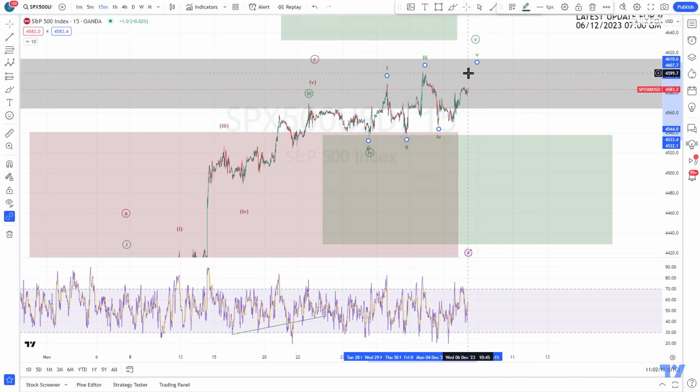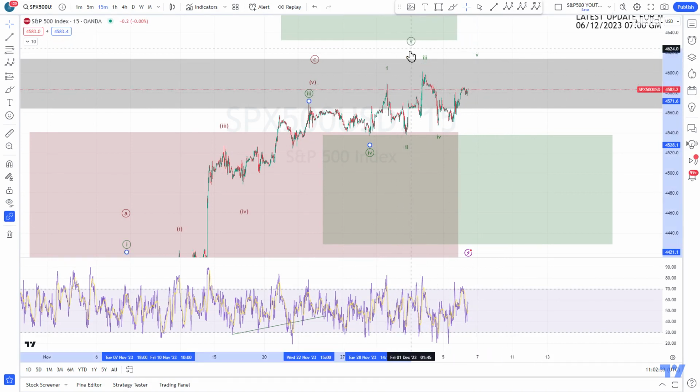But of course, what we are doing here is kind of micro counting on the 15-minute chart, which might be less reliable. The higher time frame, the 4 hour, is showing us a structure that can be complete.